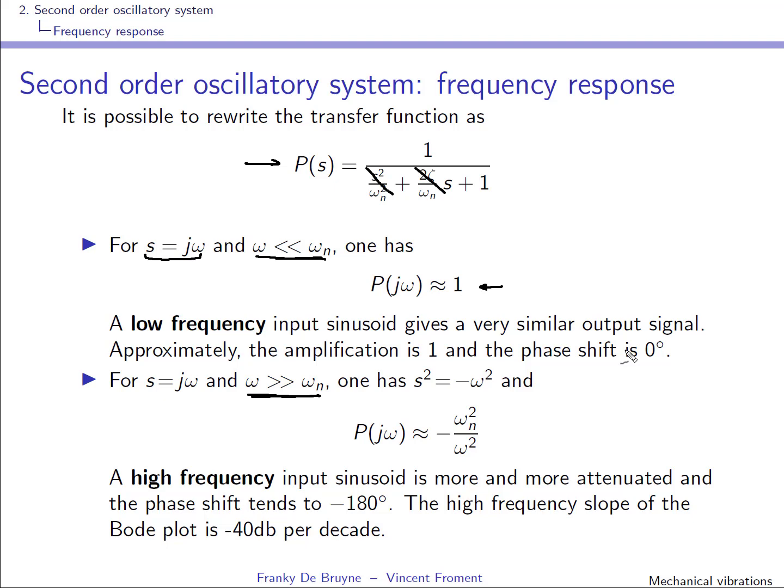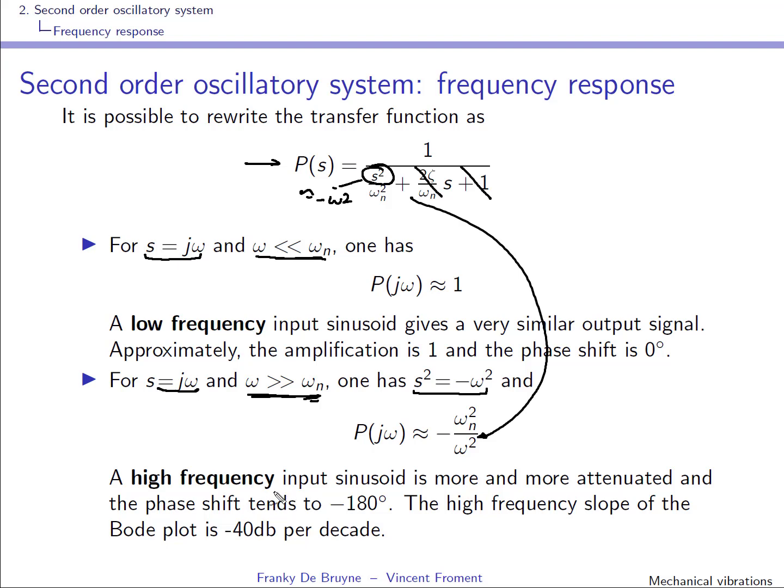Let's look now at the case where the frequency is much higher than the natural frequency. We know again that s is equal to j omega. If you square on both sides, you have this relation over here. Now since omega is much larger than omega n, we can cross out this term and this term, and since s squared is approximately minus omega squared, we obtain this kind of relation.